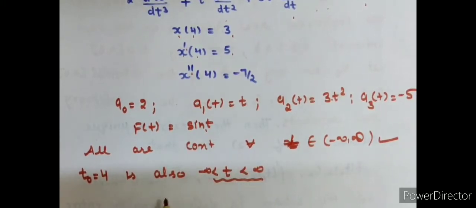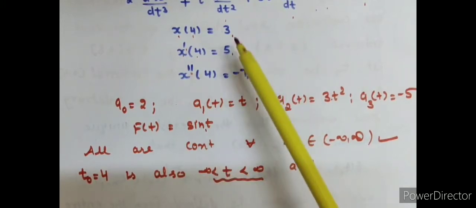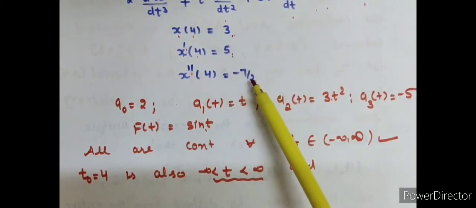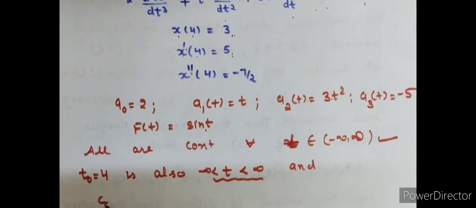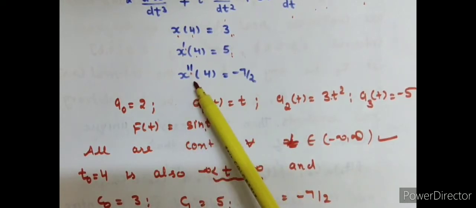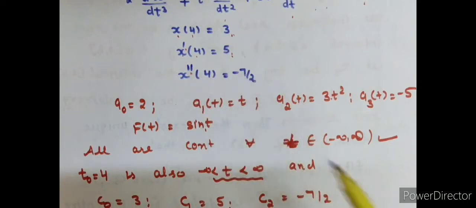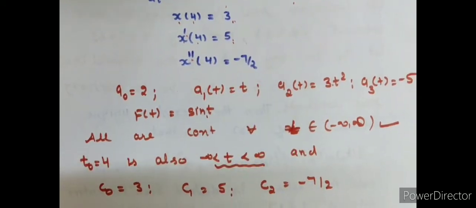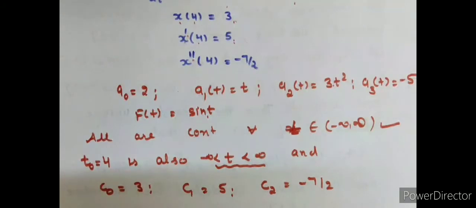It means my t naught belongs to the given interval, and these constants are my c naught, c1 and c2. So the constants c naught, c1 and c2 are the solution's value, derivative and double derivative at 4, the double derivative being equal to minus 7 by 2.